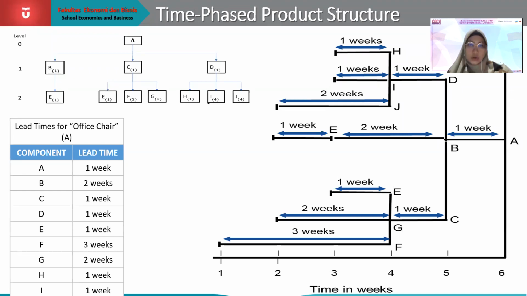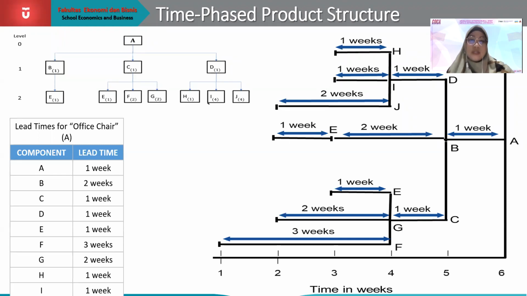Because the customer wants you to make 25 office chairs, you also need to inform them when the customer can receive all of this product.